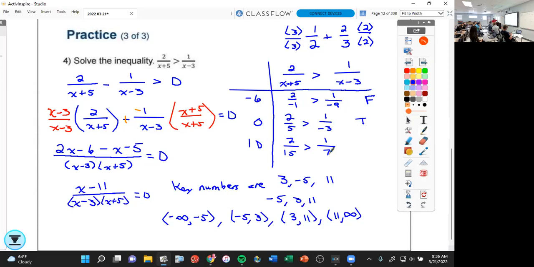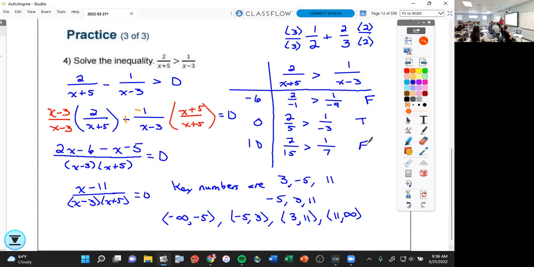Type in your calculator. 2 over 15, enter, get a decimal value. 1 over 7, get a decimal value. What's 2 over 15? 0.133. 1 over 7. Which one's bigger? 1/7 is bigger, so this is false.